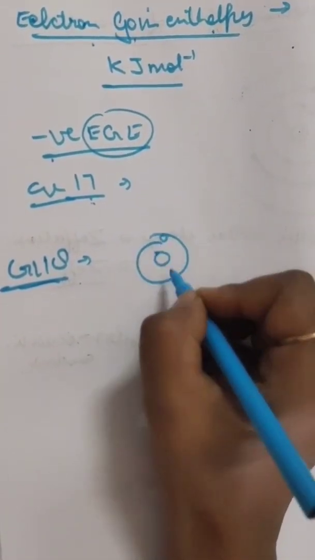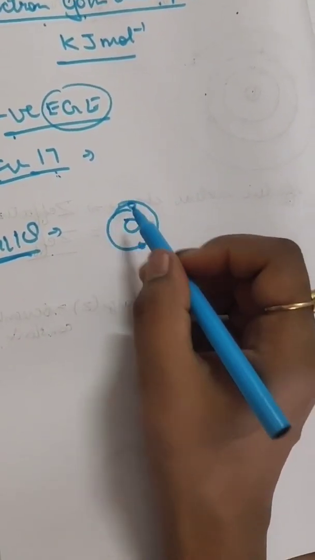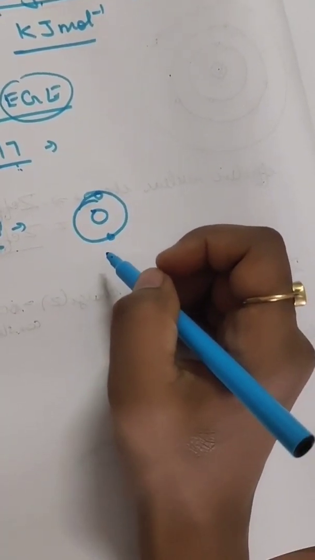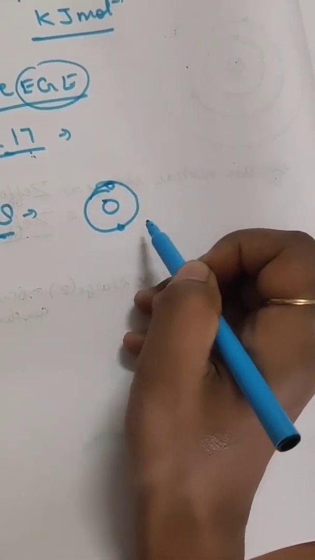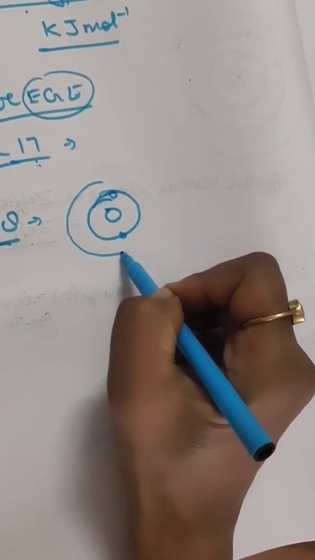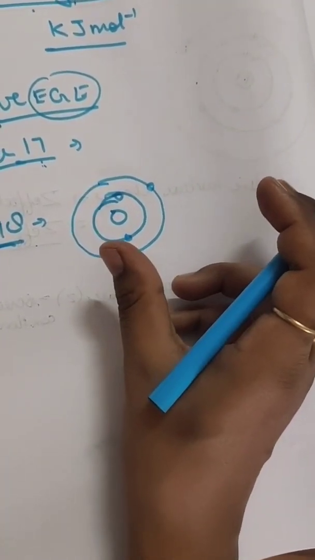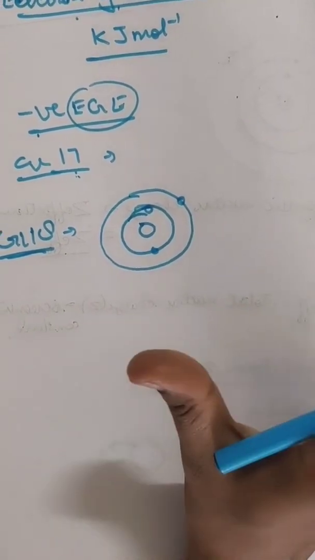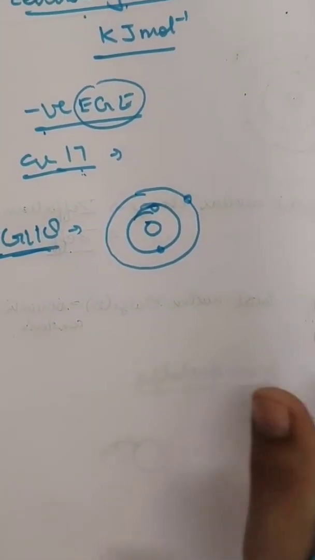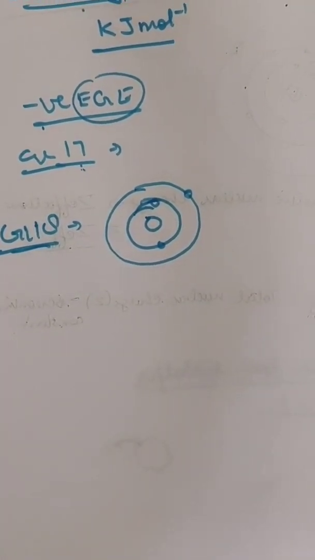It has the first shell, the s shell, with 1s2. The first orbital of s has a maximum of 2 electrons, and it is filled, but we are giving 1 more electron. So for that extra electron, they have to create one more shell, and then they will not be stable, they will be highly unstable. That means they will have a positive electron gain enthalpy, and it will lead to an unstable atom.